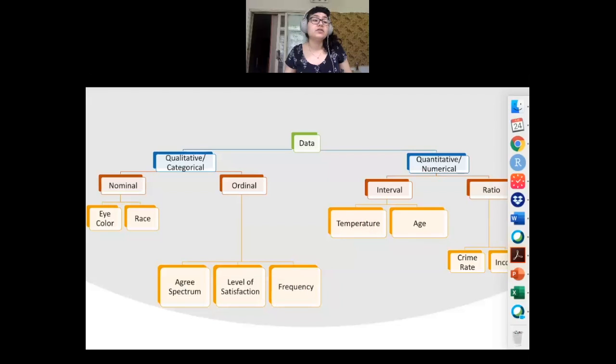And I think, so interval is when the actual distance that separates the attributes is equal. So temperature, frequency, age, crime rate. And crime rate is something that's based off of a true 0 point.